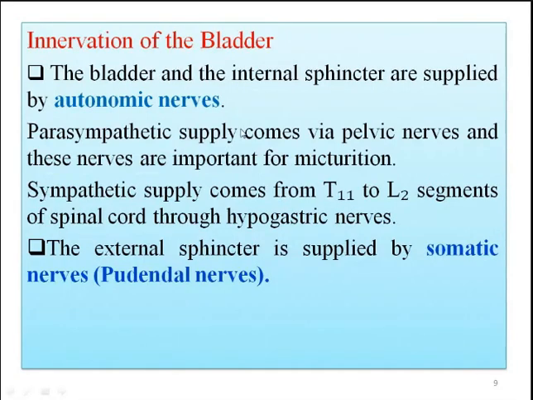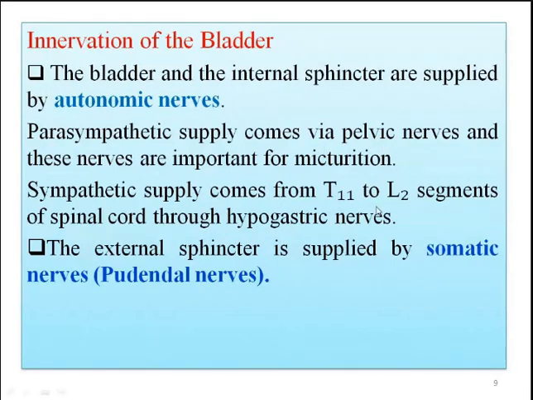But the bladder, that is the detrusor muscle, and the internal sphincter are supplied by the autonomic nerves, that is the parasympathetic and sympathetic nerves. The parasympathetic supply comes via pelvic nerves. Remember, pelvic nerves, and these nerves are important for micturition.